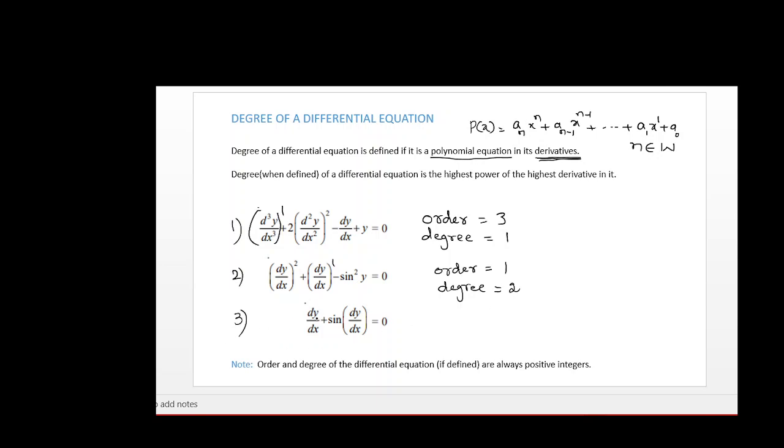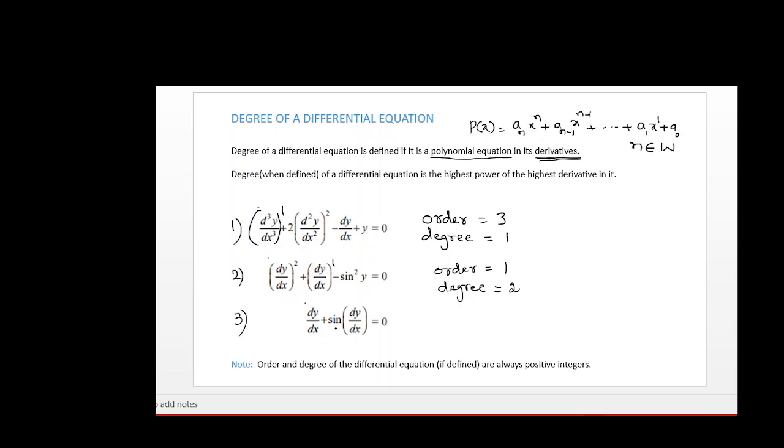And the third question: dy/dx + sin(dy/dx) = 0. Now check. The derivative dy/dx is appearing here as well as here. So in this case, is it a polynomial equation? First of all, no. Because in a polynomial equation, it does not contain any transcendental function.